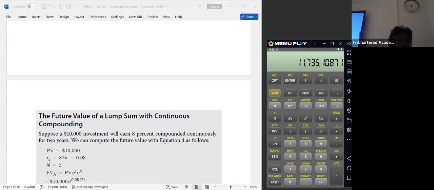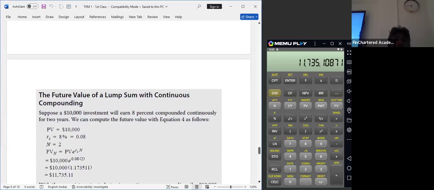So you should get 11,735. Now, what does this signify? You can't get anything more than this, even if you increase the compounding frequency. Anything more than that, you will still not be able to get anything more than this. So this is the maximum you can get by increasing the frequency of compounding.